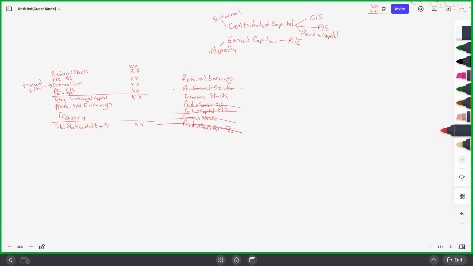Now, question. I think we could all agree that retained earnings is positive. Treasury stock, is that a positive or negative? Negative. It's a contra equity. So this is the common setup for your stockholders' equity.